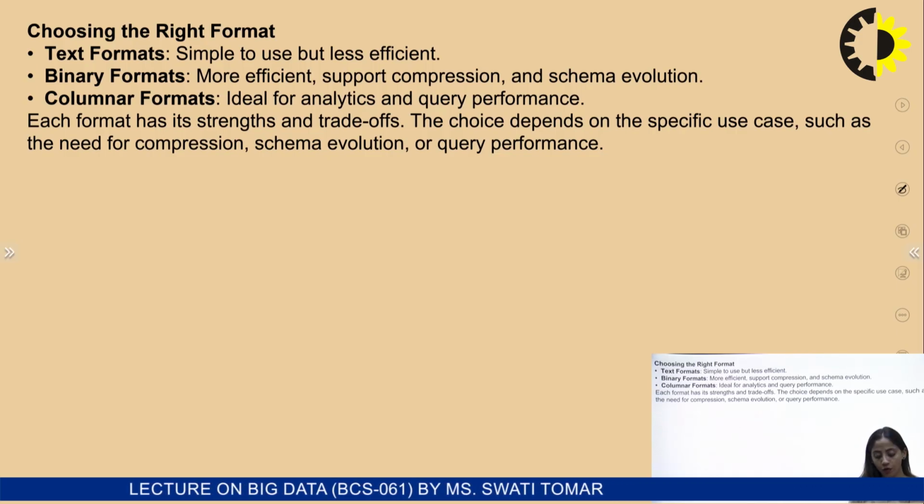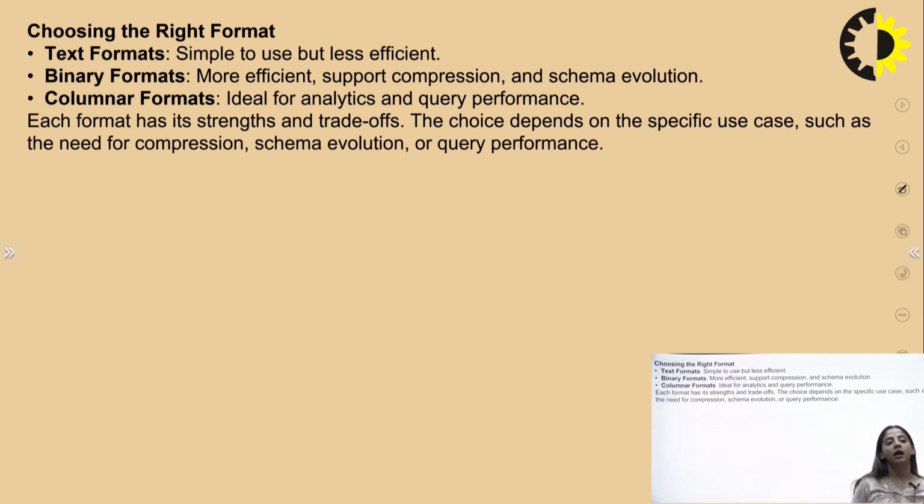And if you go for columnar formats, they are ideal for analytics and query performance. Each format has its strengths and trade-offs. The choice depends on the specific use case, such as the need for compression, schema evolution or query performance.